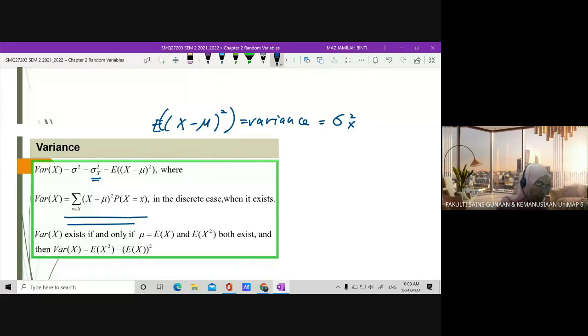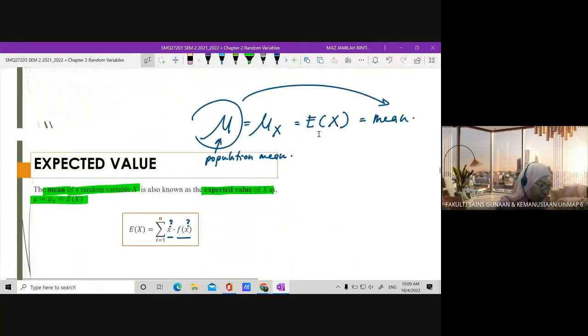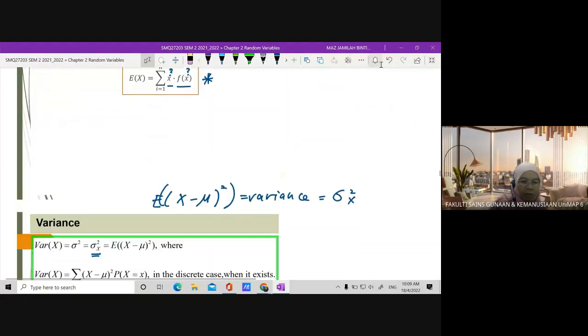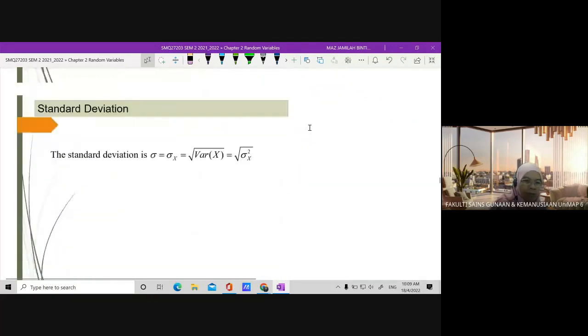The condition is that the variance of x only exists if mu equal to E(x) and E(x squared) both exist. Finally, to make it easy, you are going to use this formula to calculate your variance of x, and this one for the mean of x. So these are the two formulas that you need to use.